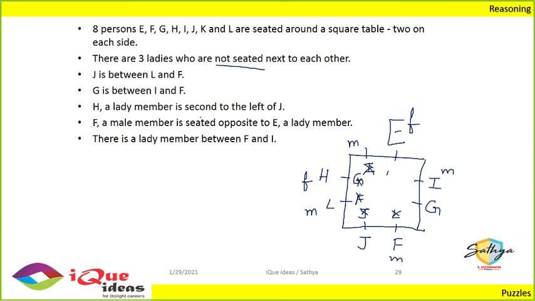There is a lady between F and I. Between F and I, this is F. This is female, right? So one female, two female, three females. And who is left to be seated? The only person left to be seated is K. So that's it. We have the three lady members, E, H and G, and the remaining are males. And this is the order in which all of them are seated.